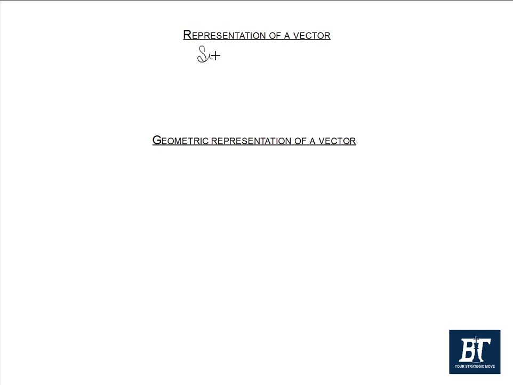So if a physical quantity is denoted by a symbol A, then an arrow or a dot over the top of A or even a bold letter A will indicate that this physical quantity is a vector quantity. These are the symbolic representations of a vector, and geometrically it is represented by a line with an arrow indicating the direction of the vector.